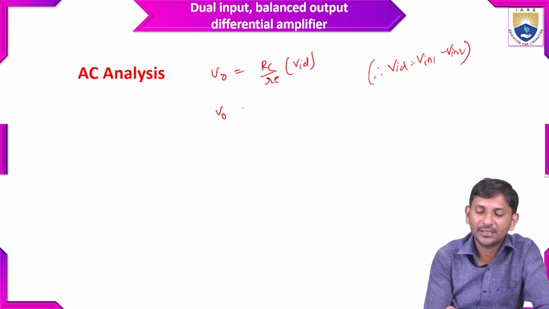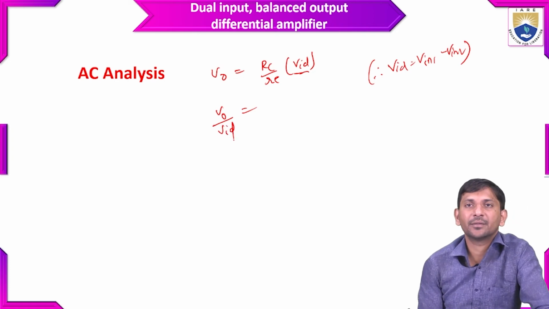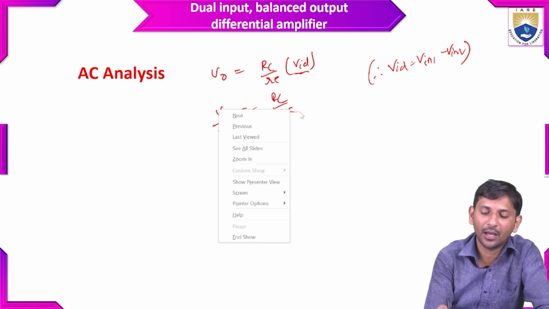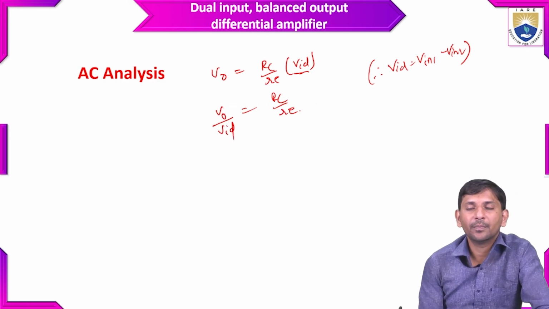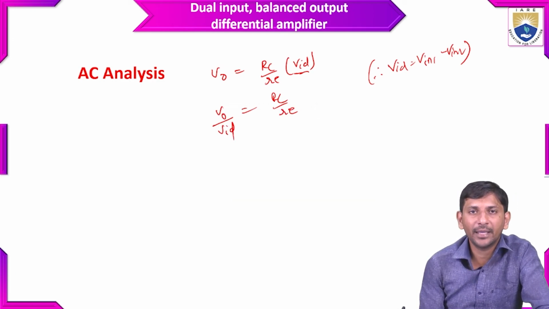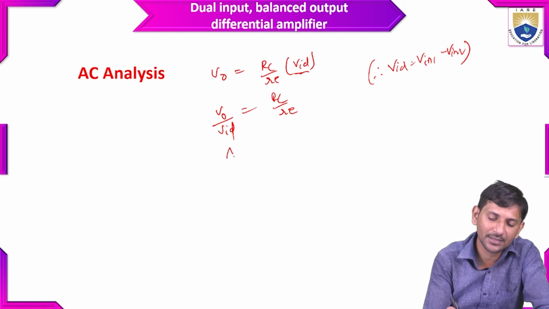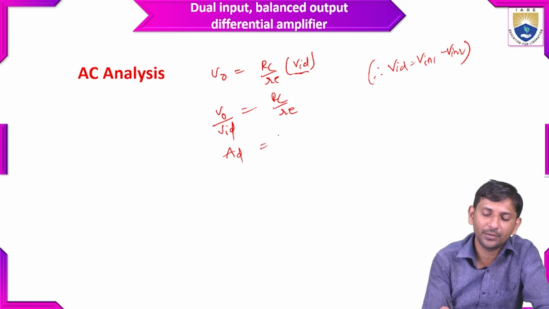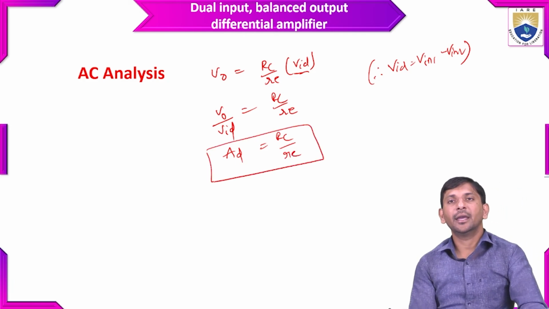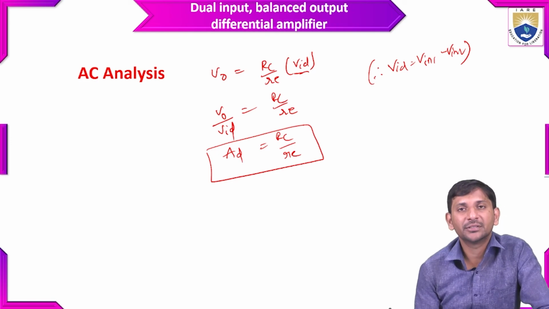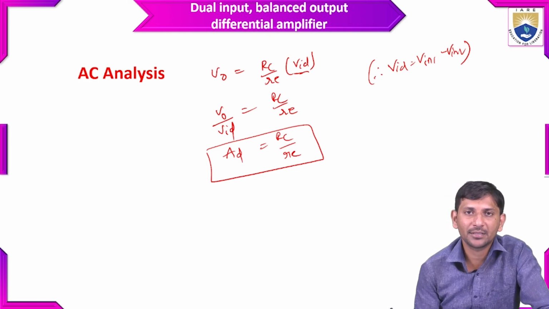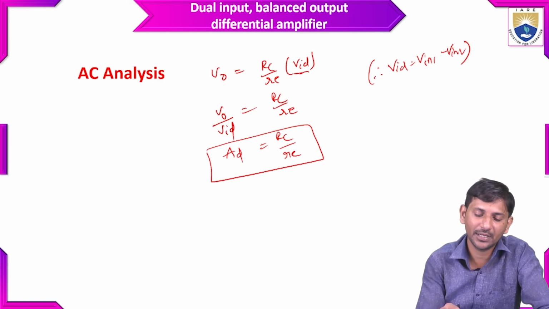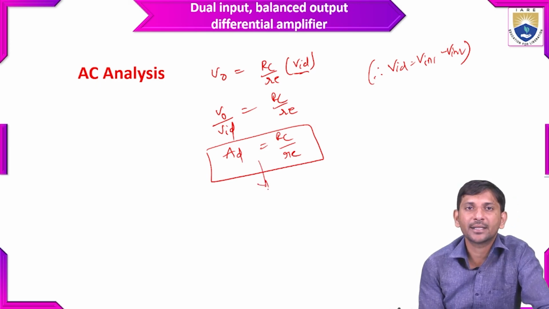Now we are done. This differential input is the input, so the denominator will be expressed as VID. The output voltage divided by the difference of input voltage gives the gain of the differential amplifier, which can be expressed as AD is equal to RC by RE.